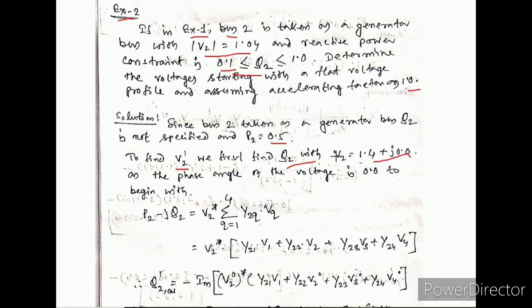As per the algorithm, if any generator bus is present, we need to check the reactive power first, and after that we find the voltage value. We treat that bus as a load bus, and as per the load bus formula we find the voltage value of the generator bus, and then we need to find the delta. So definitely Q and delta will be found from there.